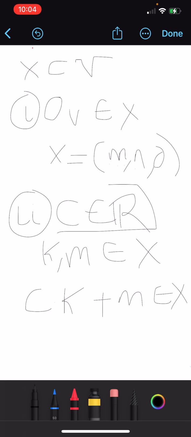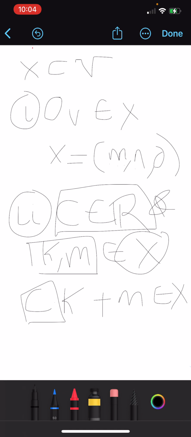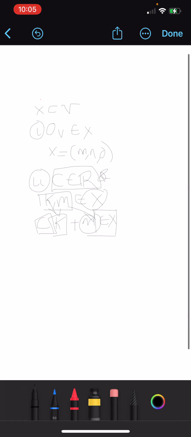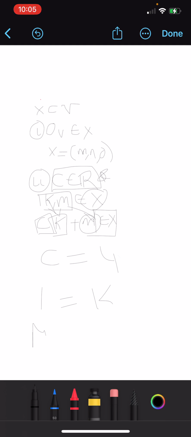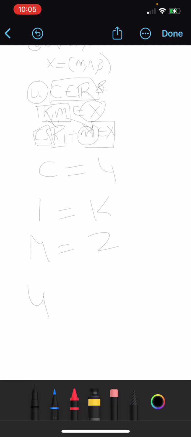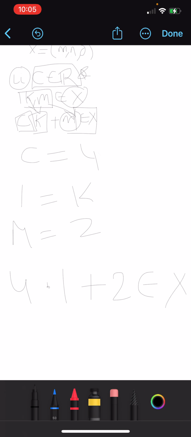For example, if my scalar is 4, k is 1, and m is 2, then 4 times 1 plus 2 is also part of X. That's 4 plus 2, which is 6, so 6 is also part of X.